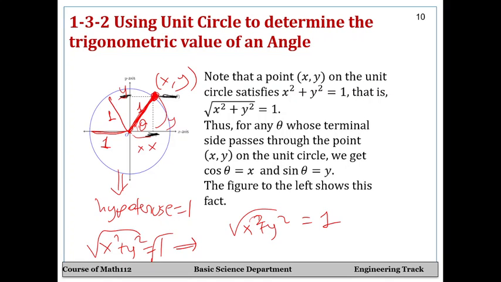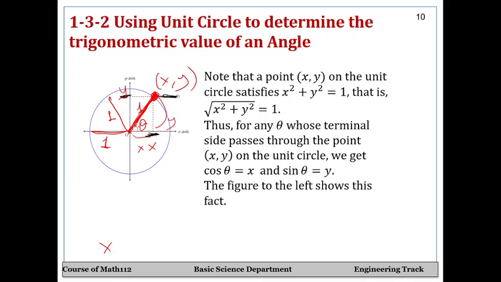So now this is clear. Then I want to write the formula for cosine theta. Cosine theta is the adjacent side divided by the hypotenuse, which is x over the square root of x squared plus y squared.